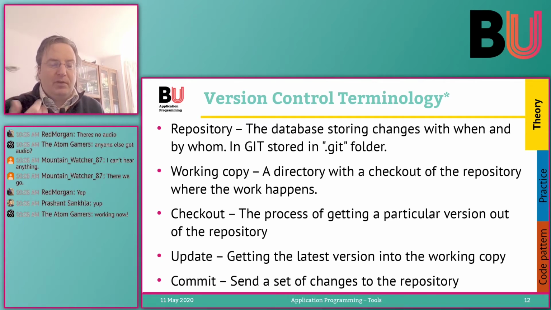So you can get the latest version of the master branch from the repository. If you have a non-distributed system, checking out a version often means that you go to the repository and get that version into a new working copy.